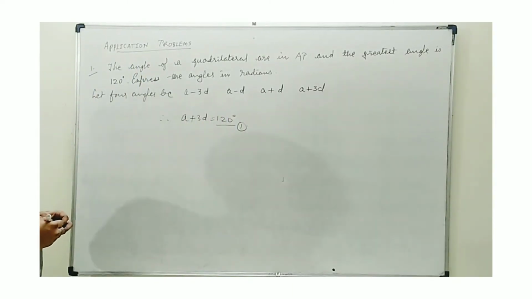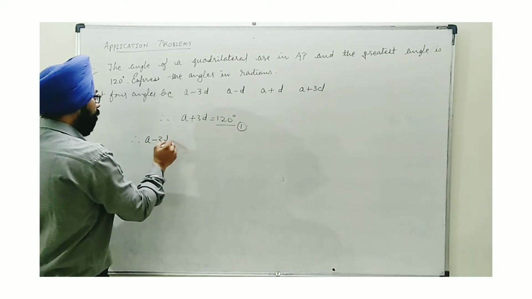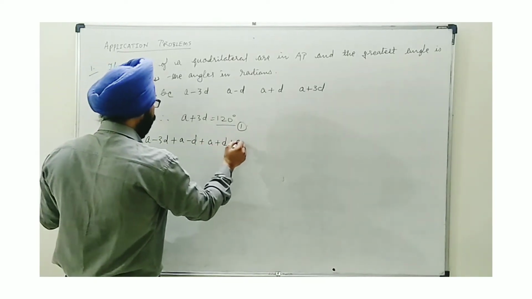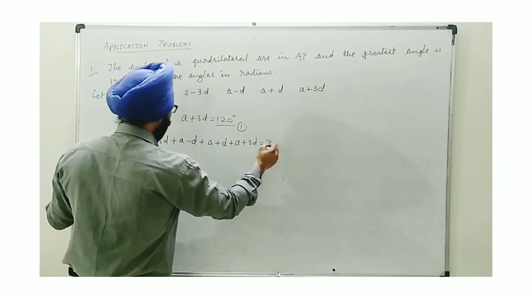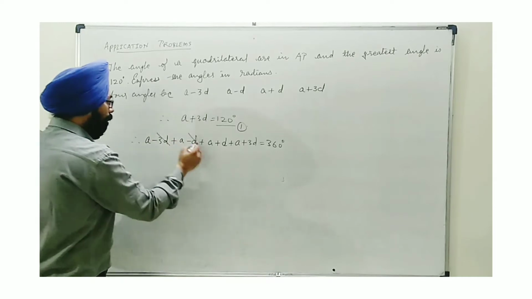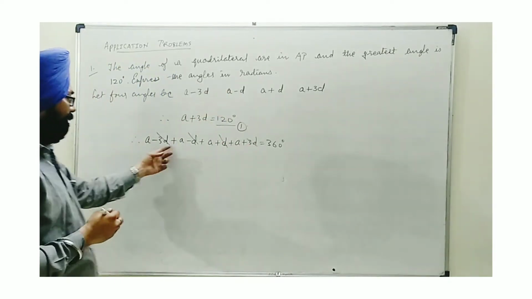Next, we are told that these are the quadrilateral angles, that's why the sum of these angles should be equal to 360 degrees obviously. Now, this is the only benefit of taking such a pattern of angles, that there is cancellation.